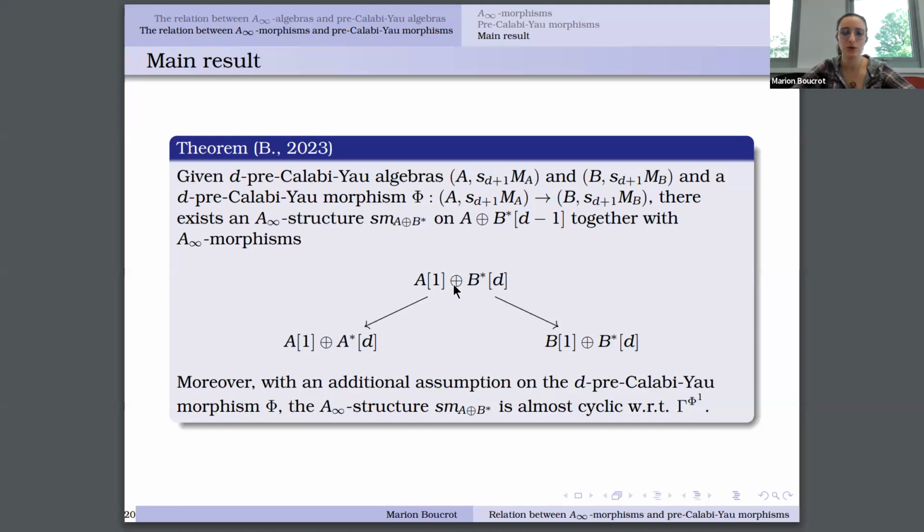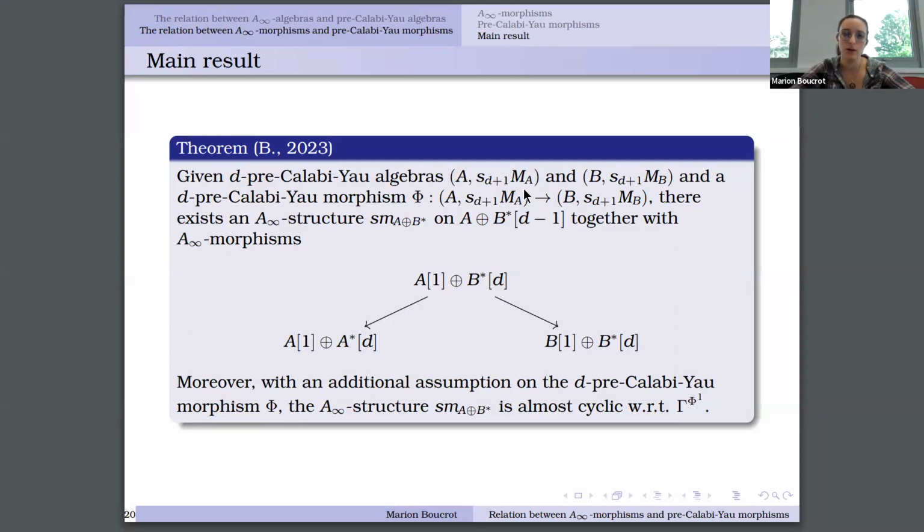But if two morphisms here come from two pre-Calabi-Yau morphisms, let's say phi and psi, and we can compose phi and psi, then the morphisms here are composable.